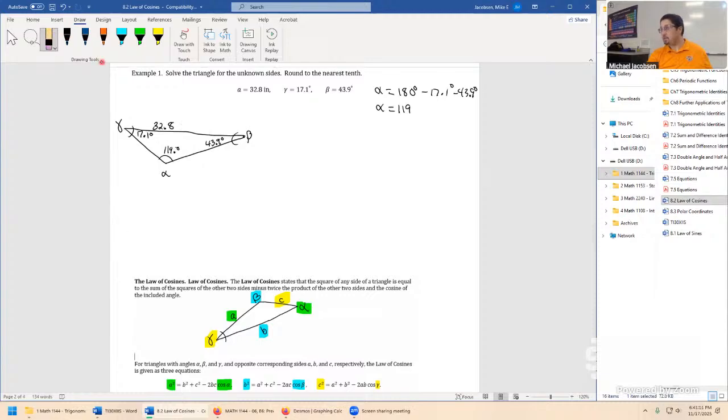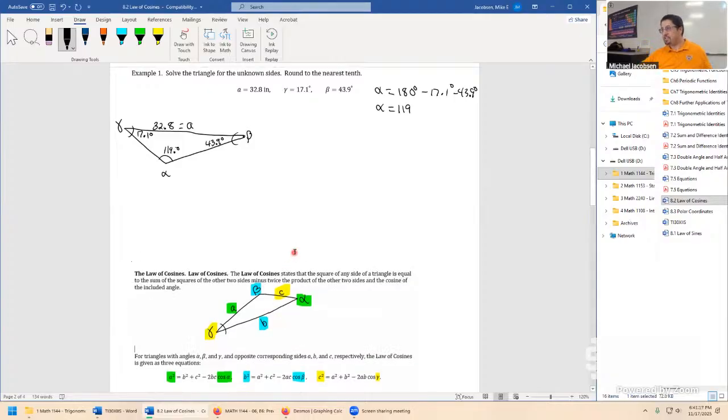Let me drop those units just so it can make A more apparent. And when we look at this so far, one thing to note is law of cosines is pretty particular in how it works. You have to have two particular knowns. You have to know the angle alpha, and you have to know both the side length B and side length C, if you're trying to solve for A. If we're trying to solve for something else, say B in this problem, here's where B would be, here's where C would be.